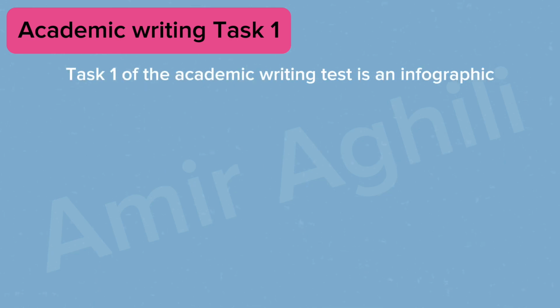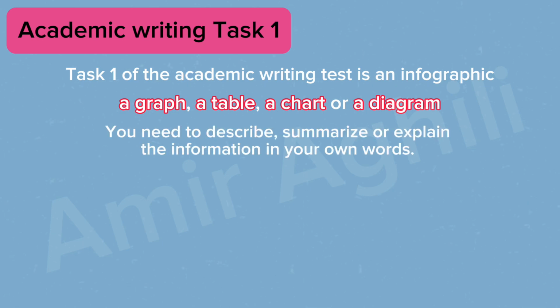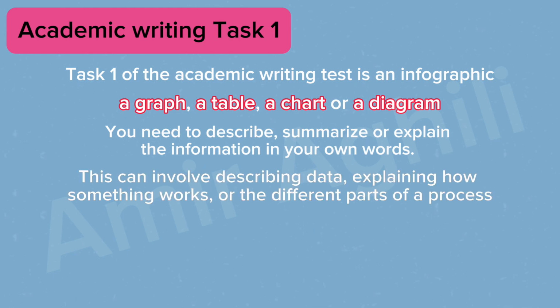Task 1 of the academic writing test is an infographic, like a graph, a table, a chart, or a diagram. You'll need to describe, summarize, or explain the information in your own words. This can involve describing data, explaining how something works, or the different parts of a process.